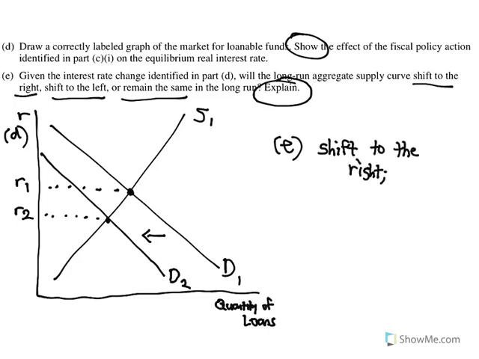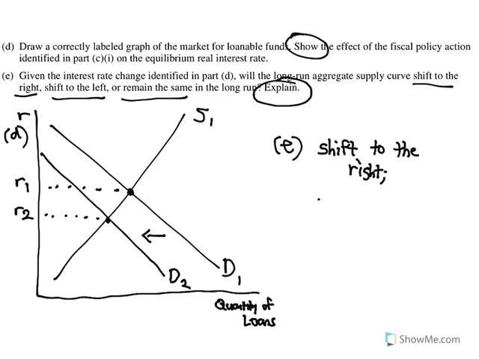And so why is that? Well, if there's a lower interest rate, that's going to encourage businesses to invest, and investment spending, right? Some of the things they're going to buy are tools and machinery to get their businesses more and more productive. Well, that's going to create economic growth and move LRAS to the right.